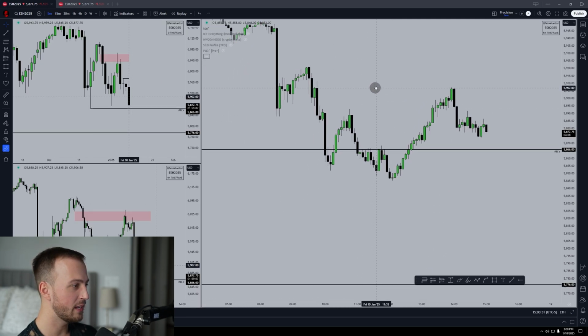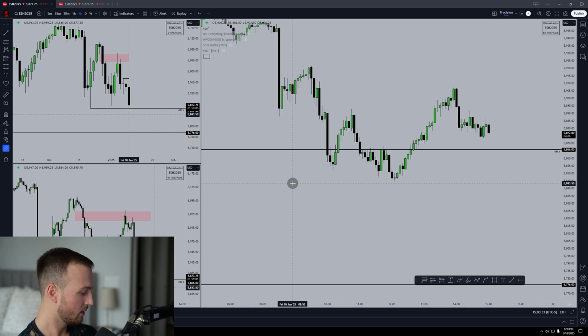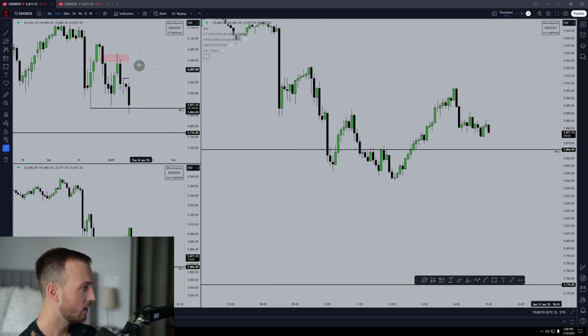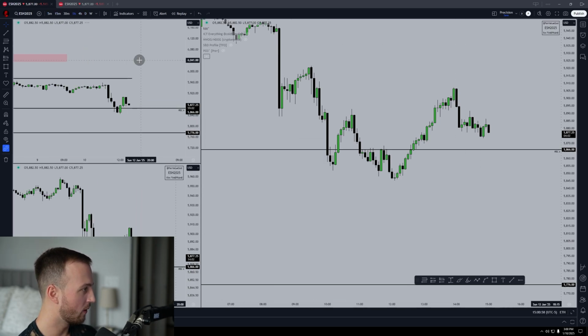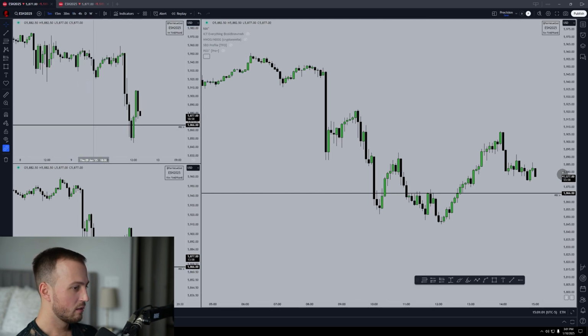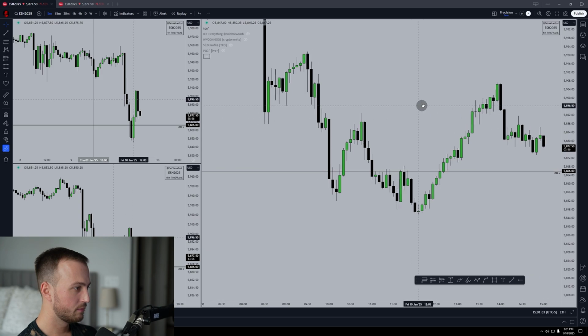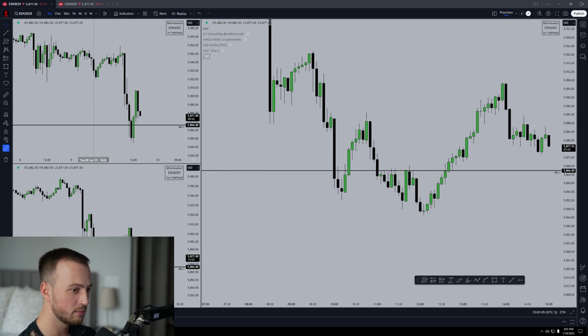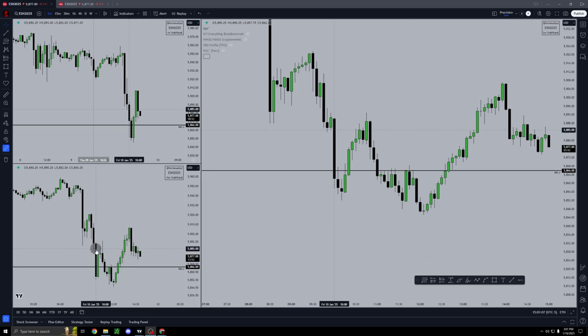Let's get down to a 5-minute here, and we'll put the 15-minute here, and we'll put the 1 hour here. How about that? There we go. And so what I saw was we hit this level, purged liquidity, and created a nice swing low and bounced, right? But in my mind, okay, it's a 5-minute chart, 15-minute right here.